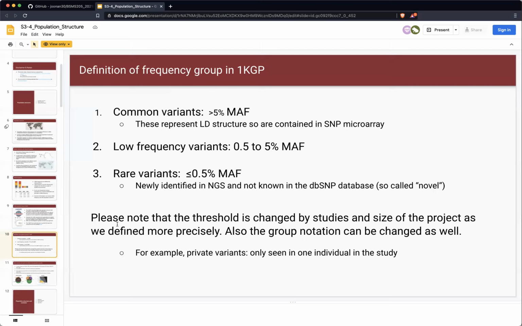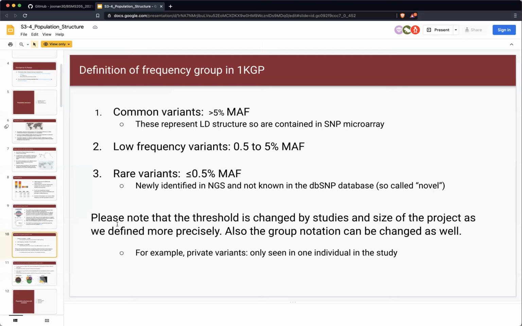And the variants between the rare variants and common variants, which is 0.5 to 5% allele frequency, the 1,000 Genomes Project called them low frequency variants. So these are not working as tag SNPs or representing the LD structure, but also somehow commonly present in our population. So they put them into a different group, which is the low frequency variants, right?